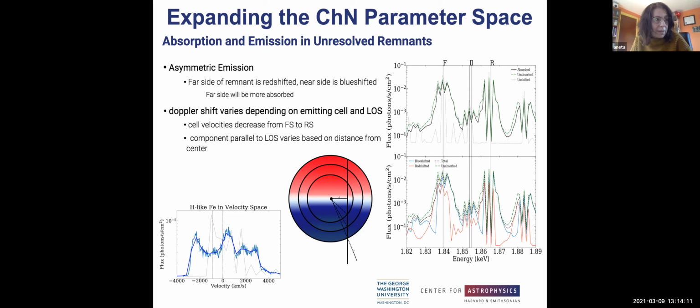Right, because you have the density in the medium as well. Which actually brings me to my other question: you have assumed that this circumstellar medium is sort of nice and smooth and symmetric. Especially with 87A, that is not true, right?